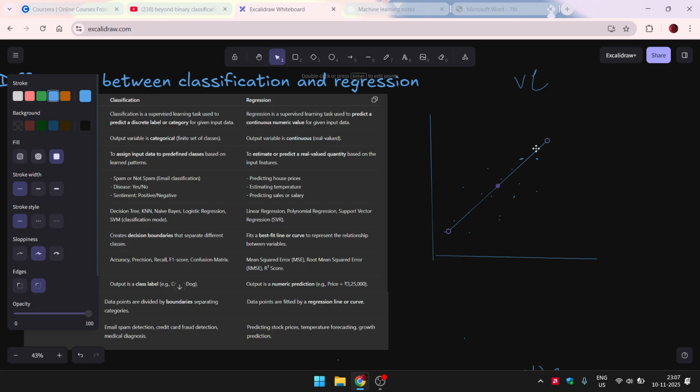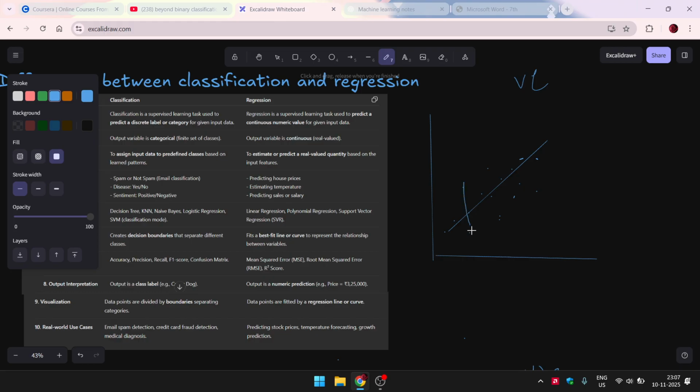This will be called the best fit line, or if we have some curve, let's say a polynomial curve, that will be called the best fit curve. With this we can show the relationship between two variables. On the x axis we take the independent variable, on the y axis we take the dependent variable.